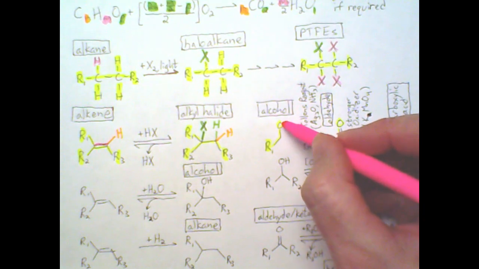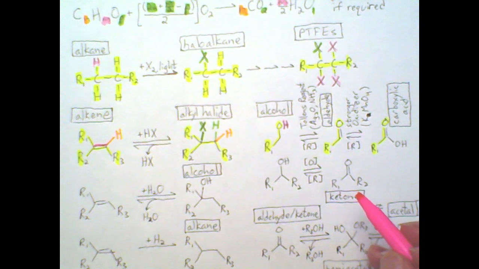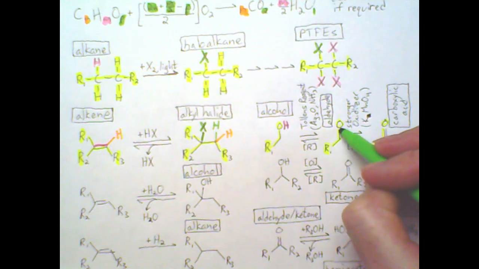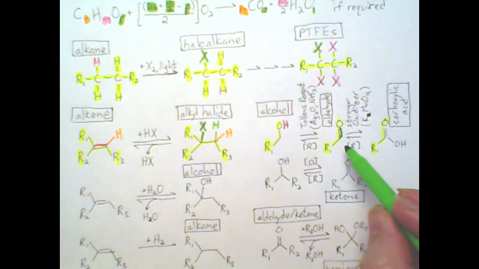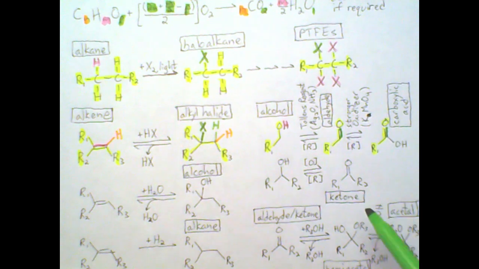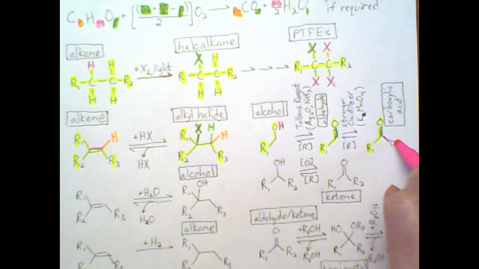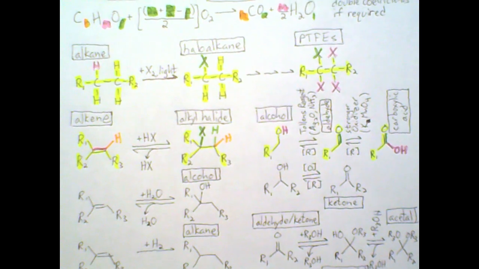We lose an H from the alcohol. We gain a double bond to the O in the aldehyde. In the carboxylic acid, we've still got the double bond to the O, but now we've got a single bond OH completing the carboxylic acid group.